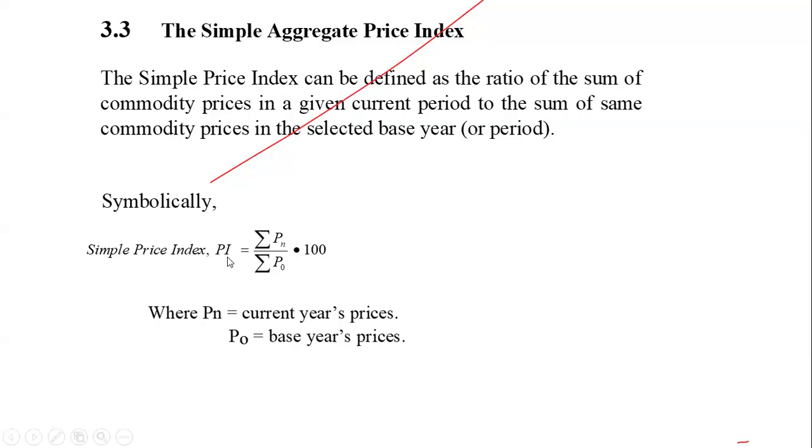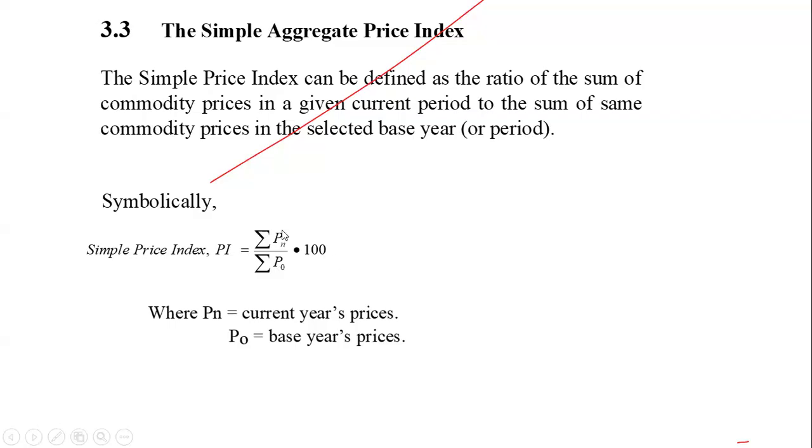The simple aggregate price index is given by the sum of Pn over the sum of P naught times 100. That is the sum of prices at some other time point divided by the sum of the prices at the base time point times 100%.